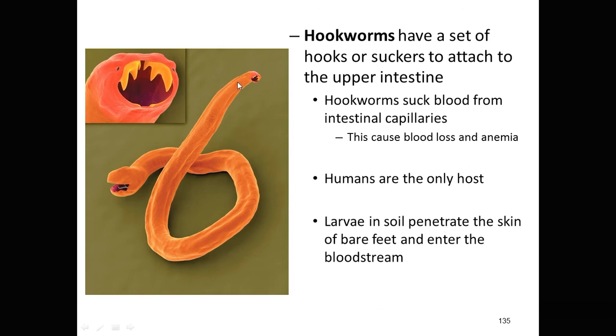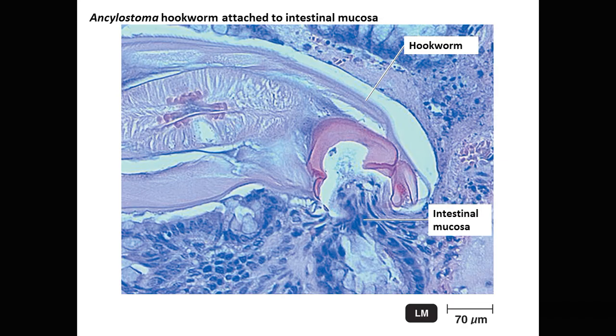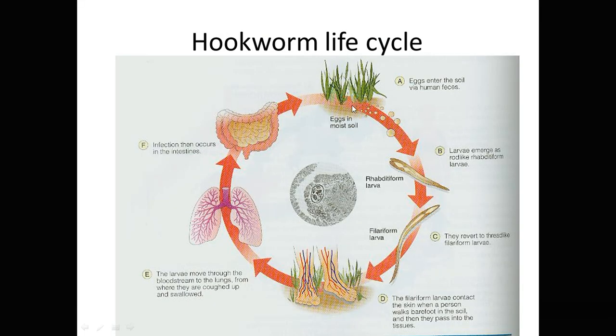Hookworms have hooks through which they attach to the intestines, and they can cause bleeding and blood loss and anemia. And this is the hookworm and how it is attached to intestinal mucosa. So the eggs are released with the feces, and in the soil, several larvae.